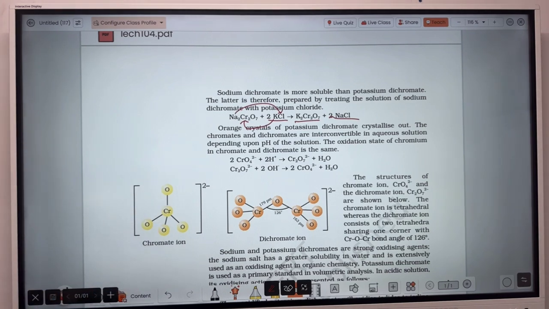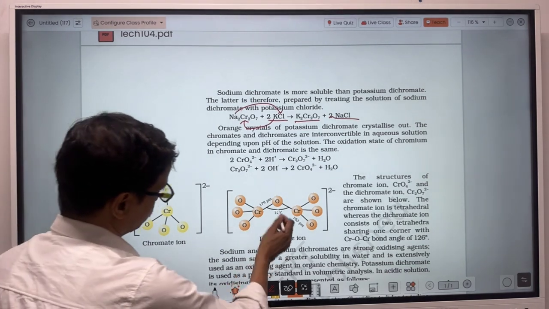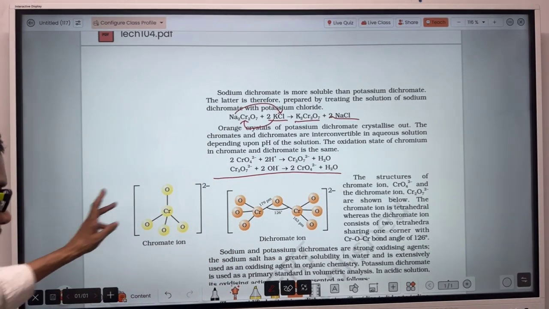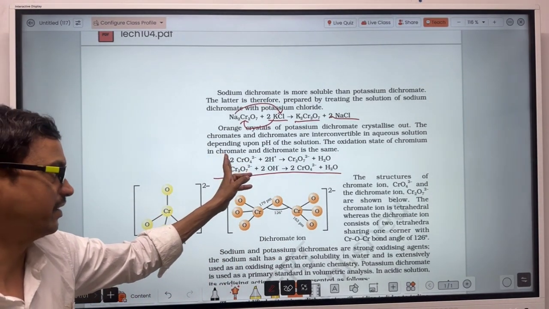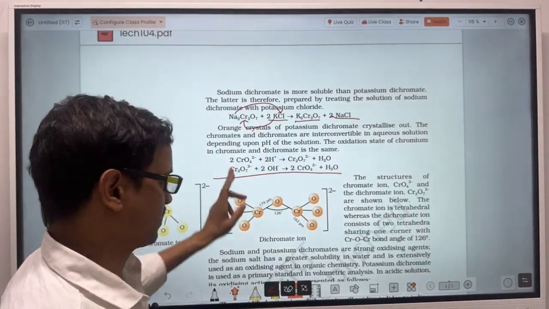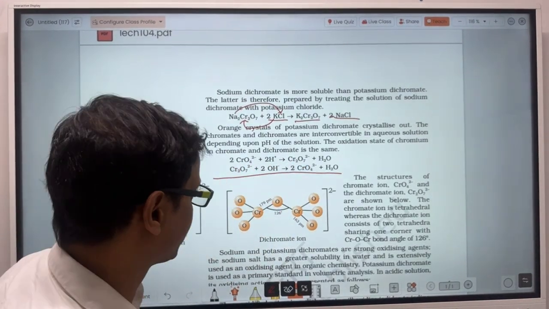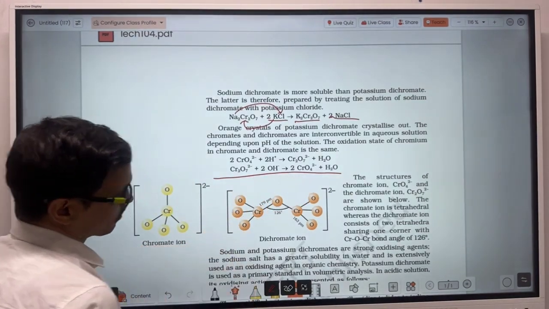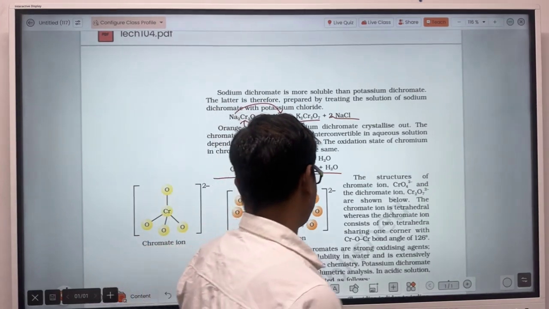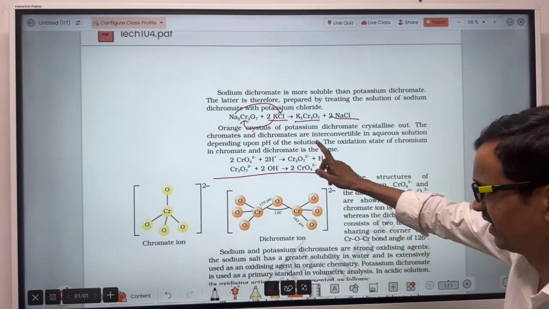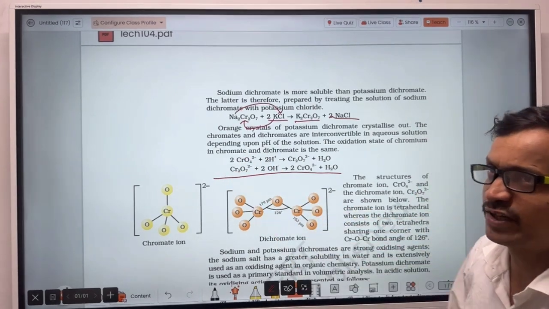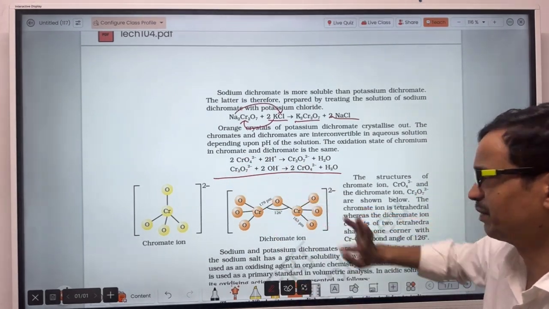Here it is given as one characteristic of chromate and dichromate. Earlier you have seen that when acid is passed through the chromate ion, there is formation of dichromate ion, and when alkali is treated with the dichromate ion, there is formation of chromate ion.